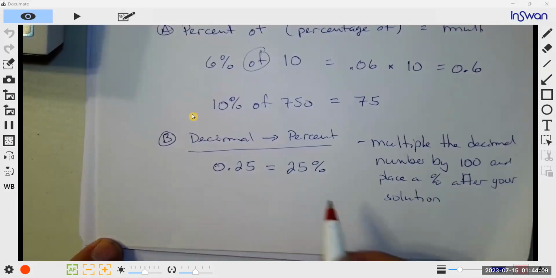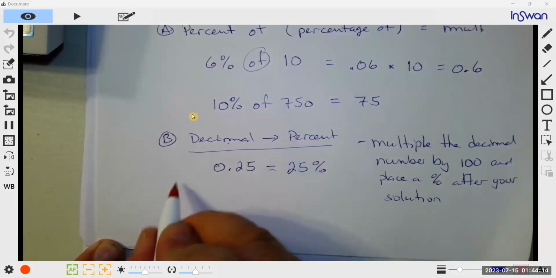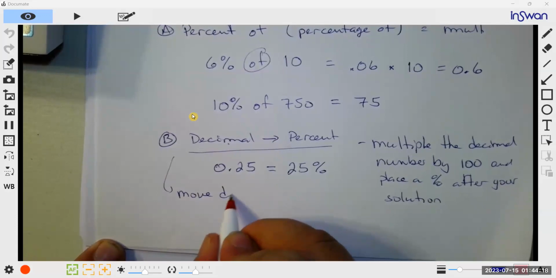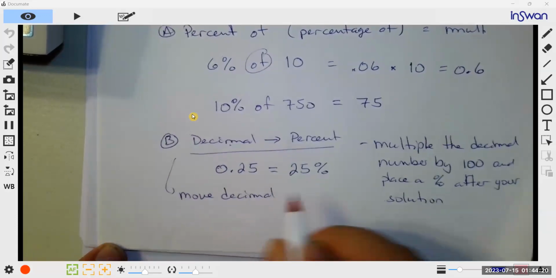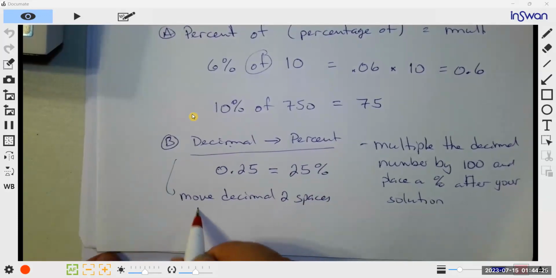So basically, when you go from decimal to percent, move the decimal 2 spaces to the right.